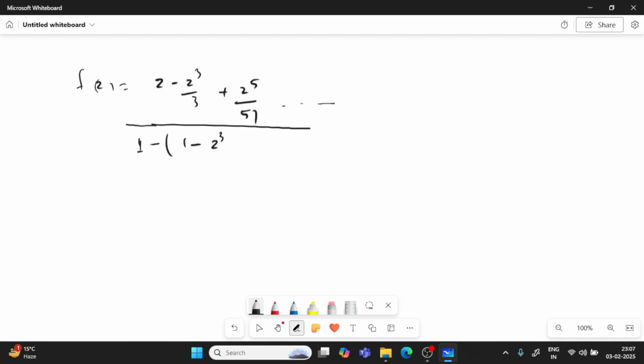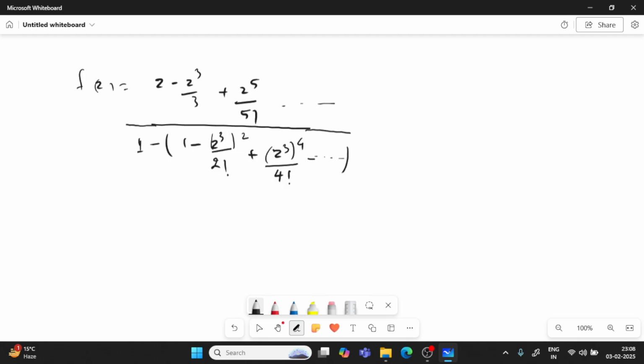It is z cubed upon 2 factorial plus z cubed squared upon 2 factorial plus z cubed to the power 4 upon 4 factorial, so minus.